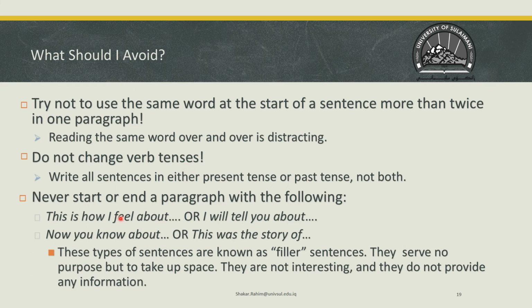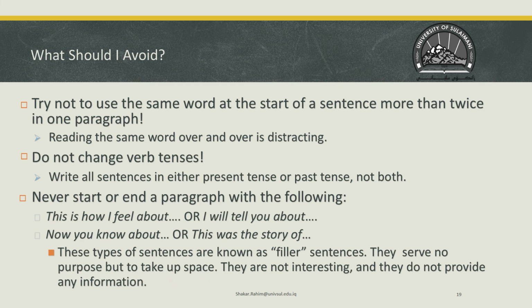Never start or end a paragraph with the following: this is how I feel about, or I will tell you about, now you know about, or this was the story of. These types of sentences are known as filler sentences. They serve no purpose but to take up space.